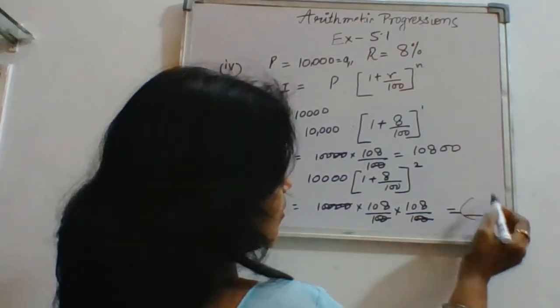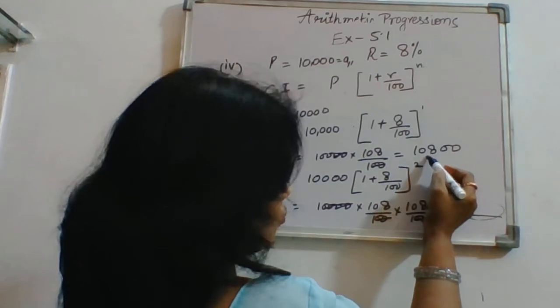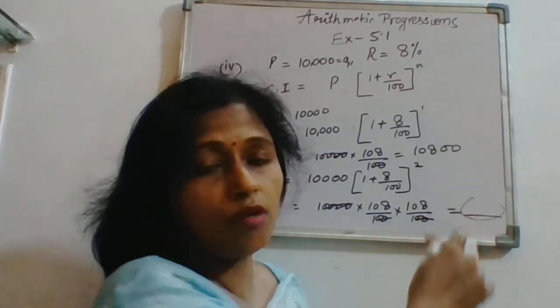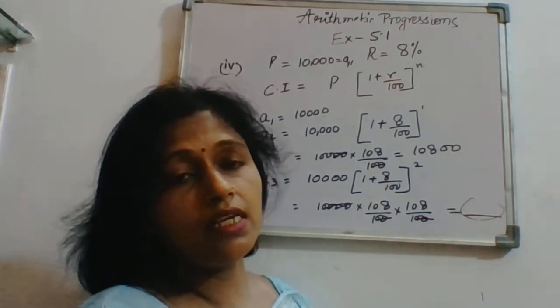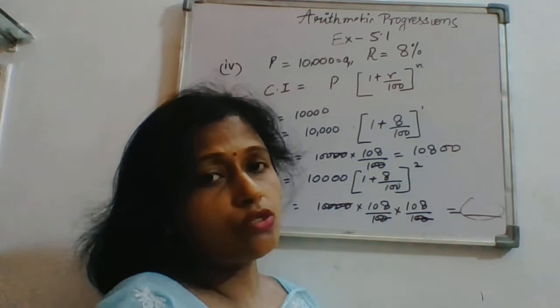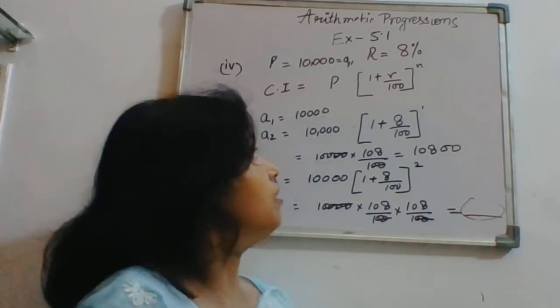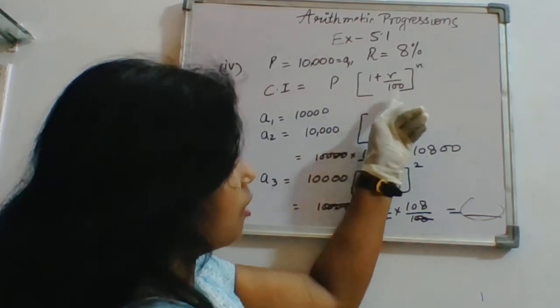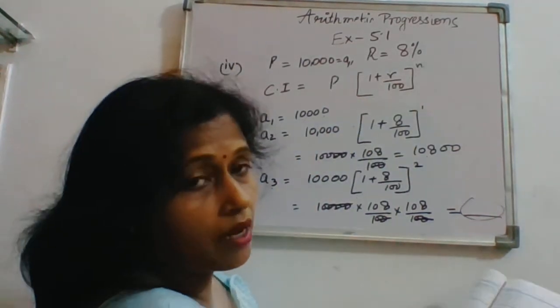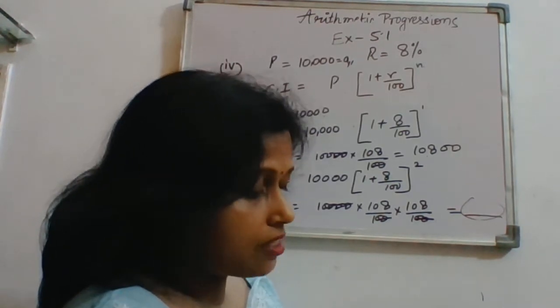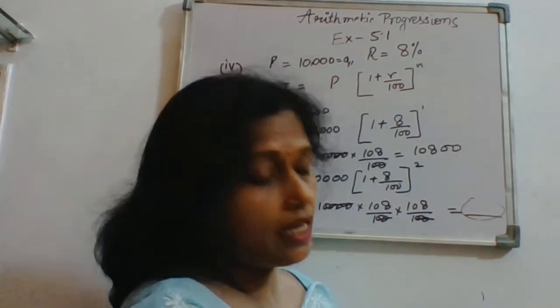When you check, A3 minus A2 and A2 minus A1 will not be the same. So here the list of numbers are not in AP. You have to remember the formula for compound interest. It is P times 1 plus R by 100 raised to the power N. So here the list of numbers will not be in AP.